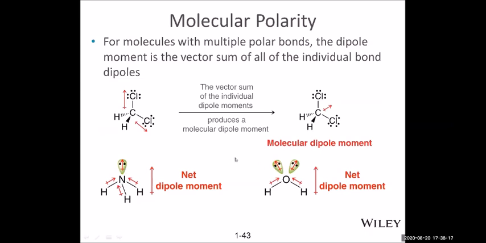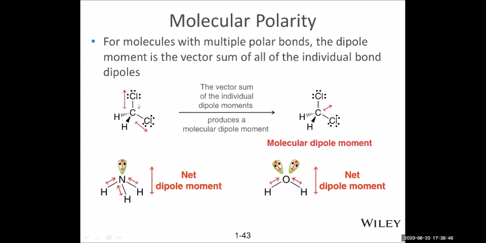The bond polarity, through a combination of the dipole moments, causes the molecular polarity. That is another very important topic in general chemistry, but here we just quickly review. So here you can see this molecule has 4 bonds, and 2 bonds are carbon with chlorine. The chlorine is highly electronegative.